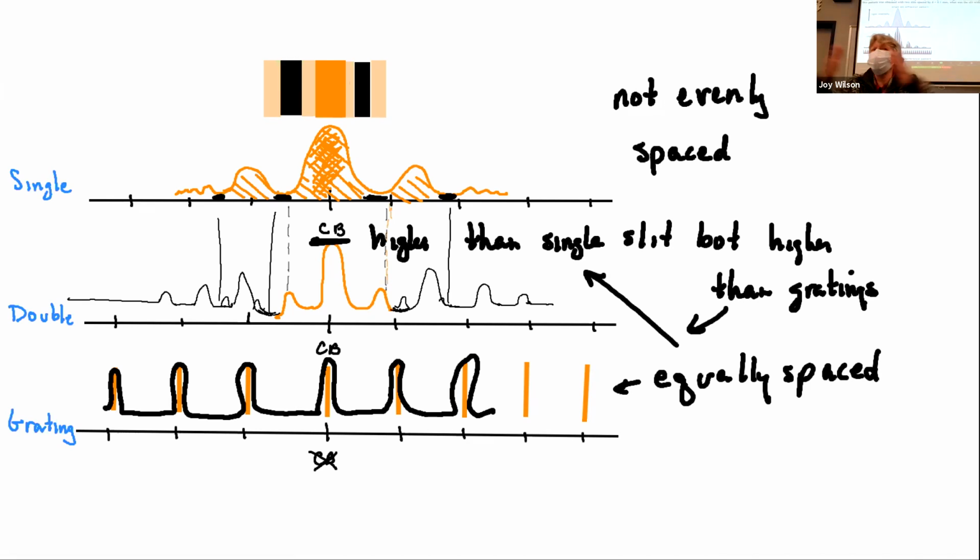So the width of the pattern didn't change because you didn't change your slit width. But now your overall amount of light is bigger, sort of. And when you start getting these bright and dark, that's where you get the peaks starting to dim out. The diffraction grating is going to look much more like this one at the bottom, just a whole bunch of peaks that are the exact same size.